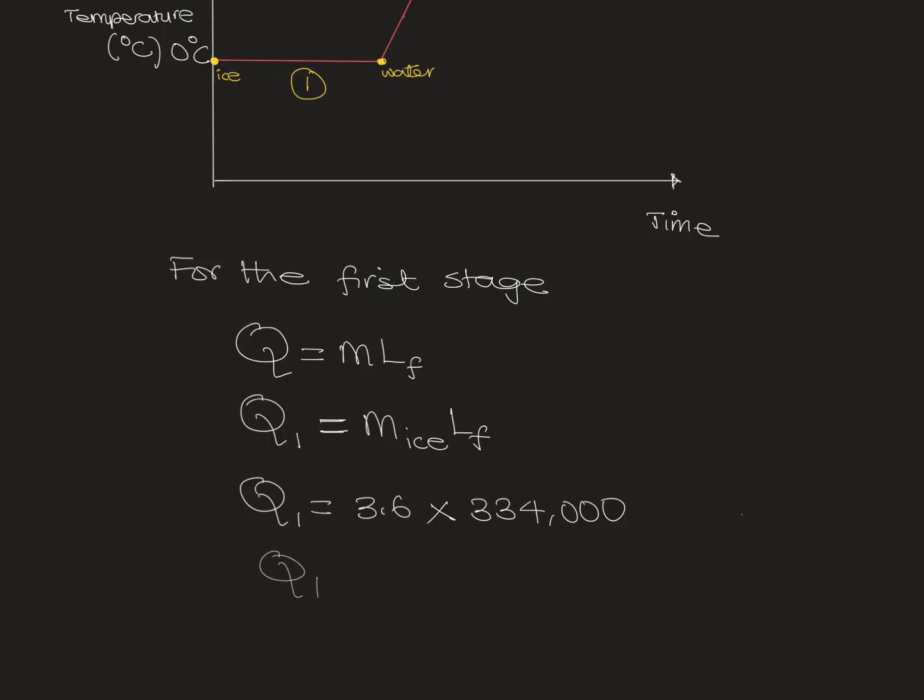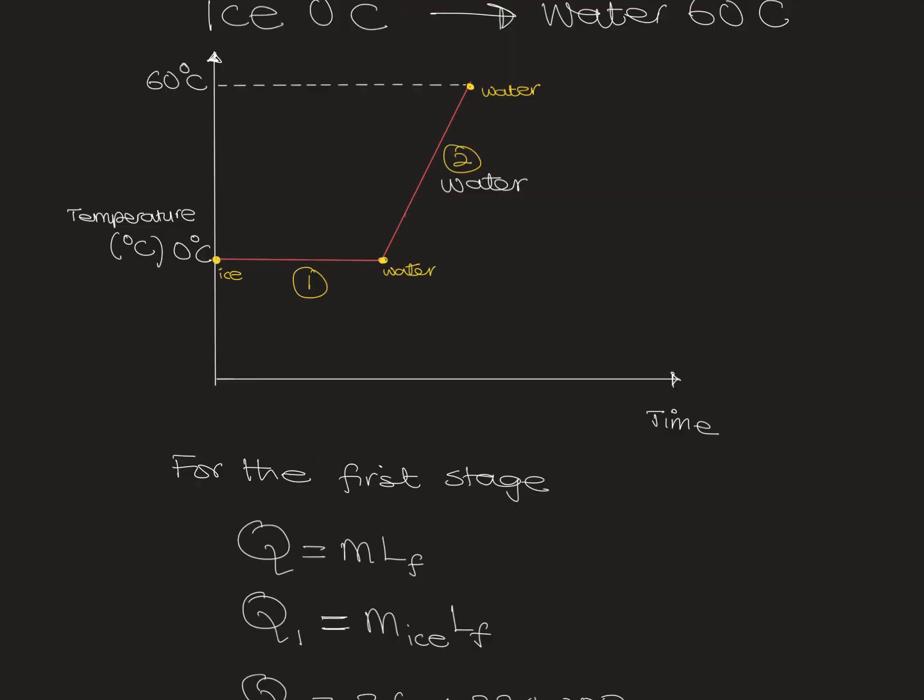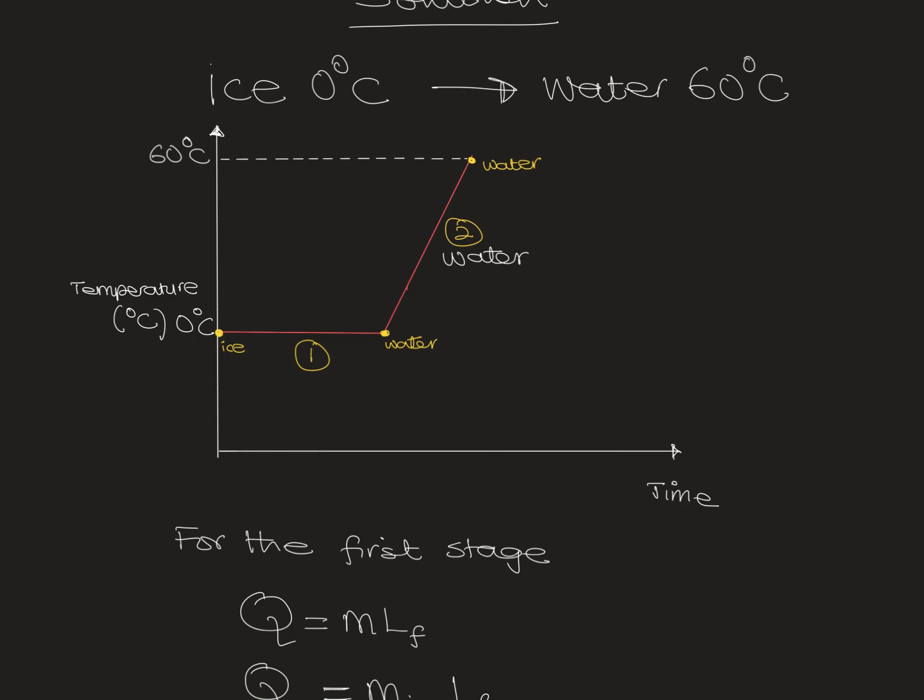So Q1 is equal to 3.6 times 334,000. That is 1,202,400 joules.